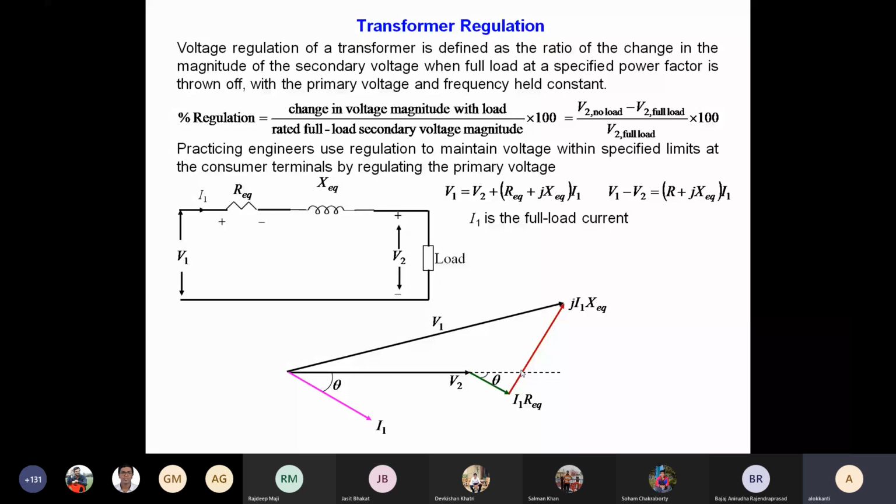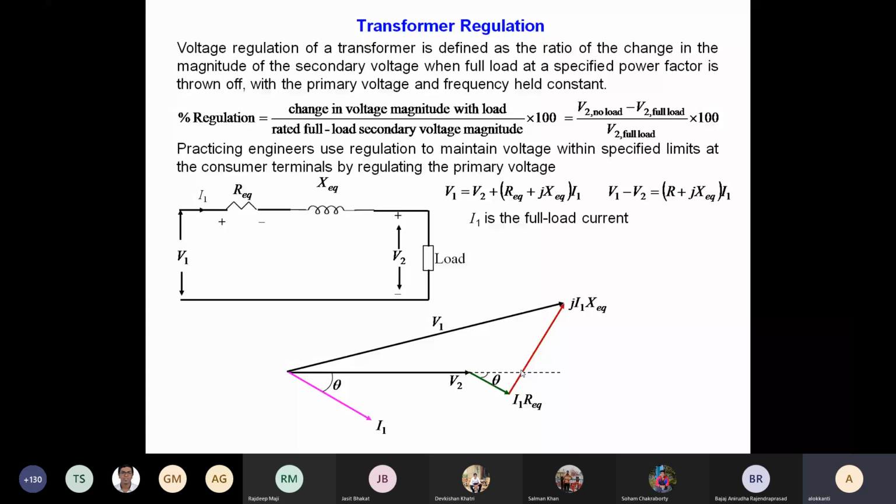So the customer will dictate by drawing the I1 and drawing the power at a particular theta, and the supplier has to provide that by controlling V1 and also maintaining a certain V2 across the customer terminals.